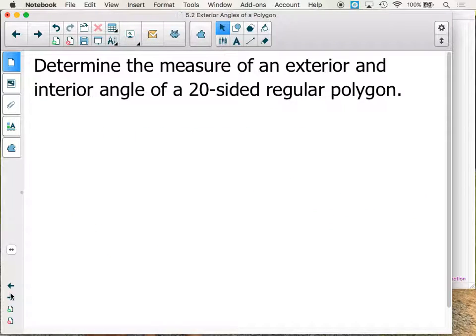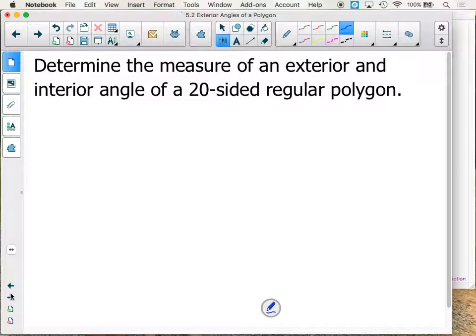Let's see if we can determine the measure of an exterior and interior angle of a 20-sided regular polygon. Well, we know it has 20 sides. We know it's regular. Remember, regular means all sides and all angles have the same measure. So maybe we'll find the exterior angle first, 360 divided by 20.